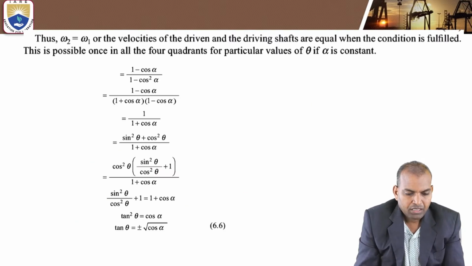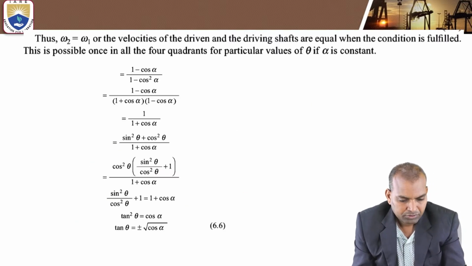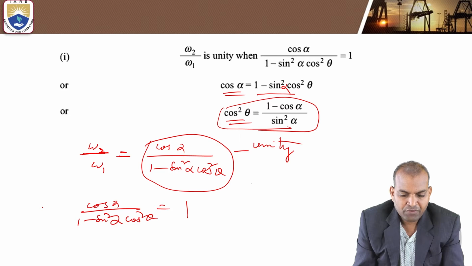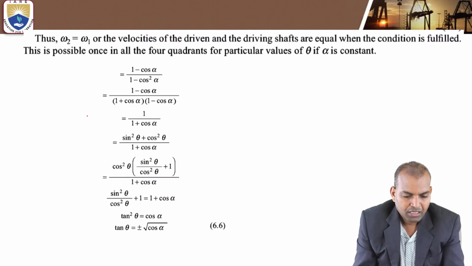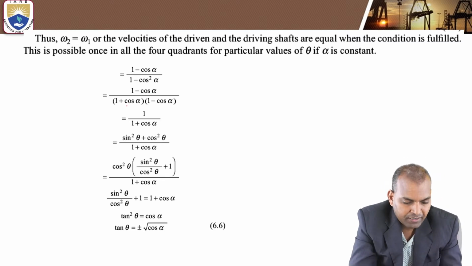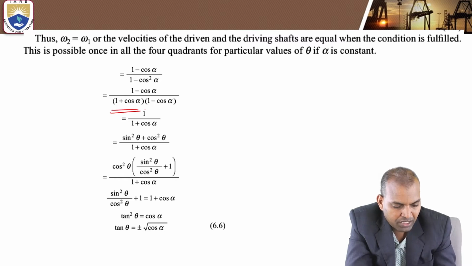Now, further simplifying, 1 minus cos alpha by sin square alpha. What we are doing is converting sin square alpha into 1 minus cos square alpha. That is a square minus b square, that means a plus b into a minus b: 1 plus cos alpha into 1 minus cos alpha.